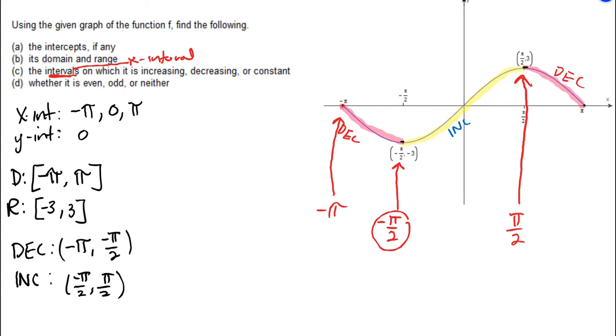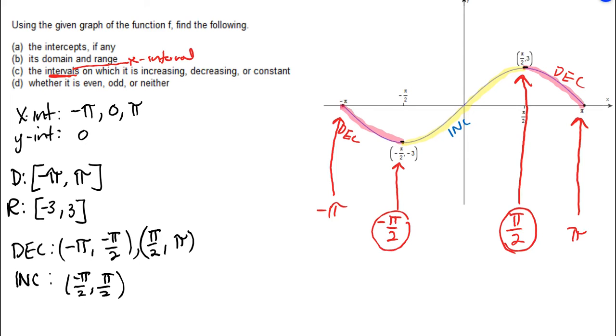And this final interval started at pi over 2 and ends at pi, and we said that that interval is decreasing. So I'm going to add that on to this section here, pi over 2 to pi, and that interval is decreasing.